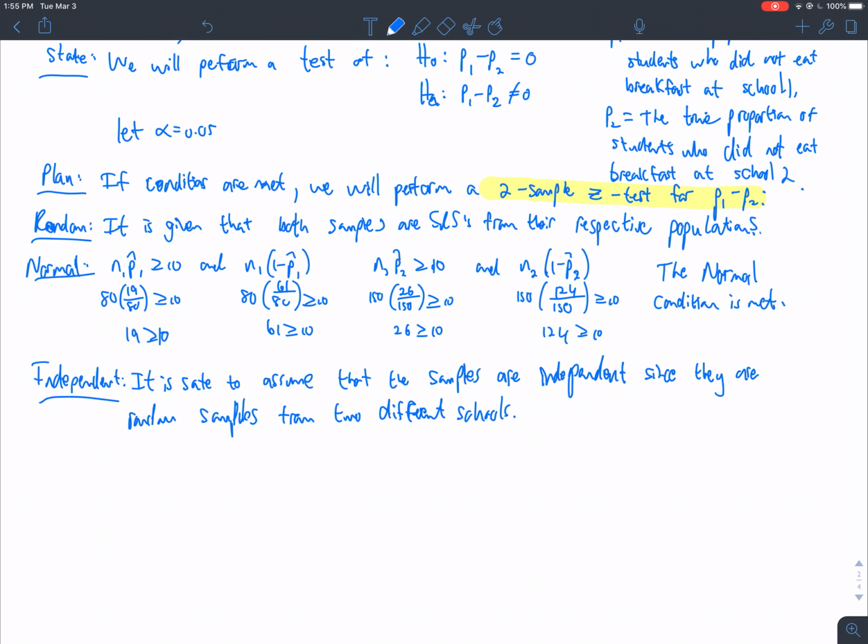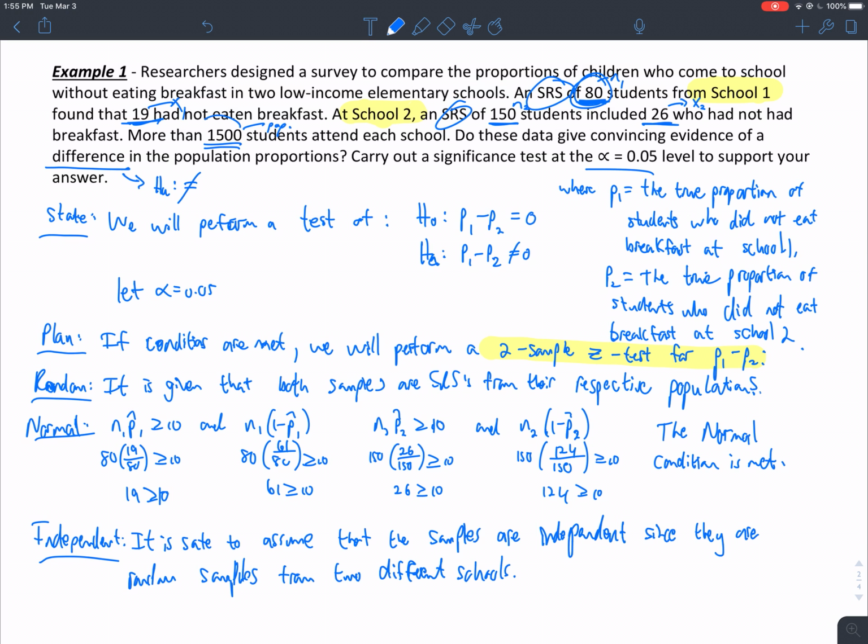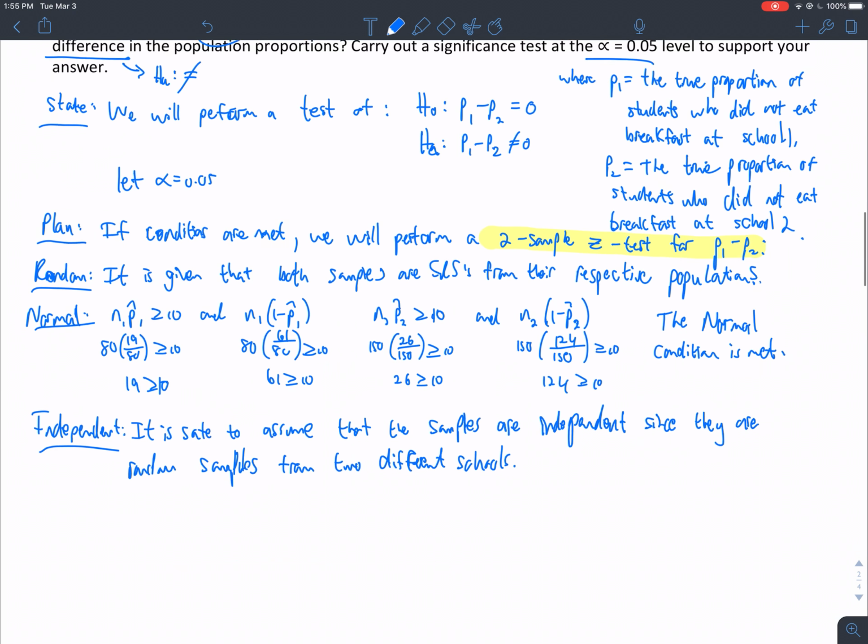And then check the 10% condition. But they told us that there's at least 1,500 students at each school.